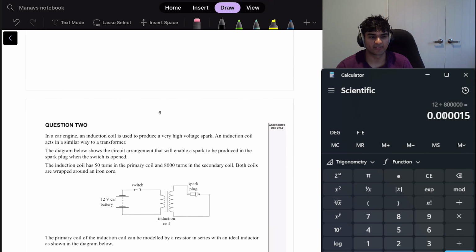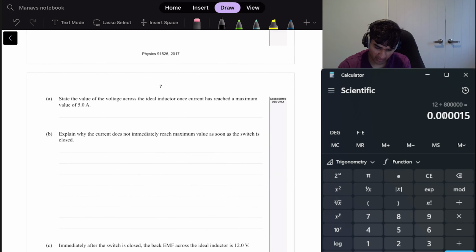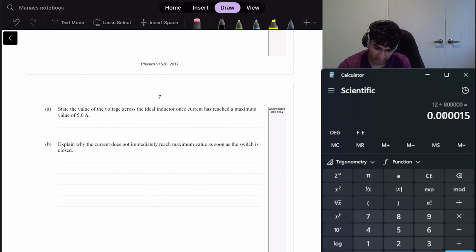The diagram below shows the circuit arrangement. We have 50 turns in the primary and 8,000 turns in the secondary. State the value of voltage across the ideal inductor once current reaches a maximum of 5 amps.